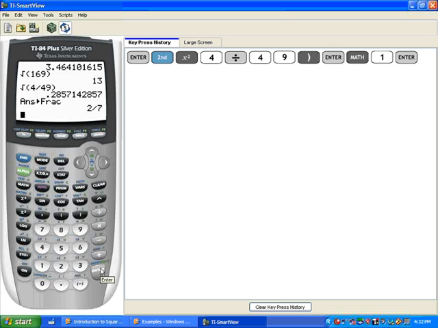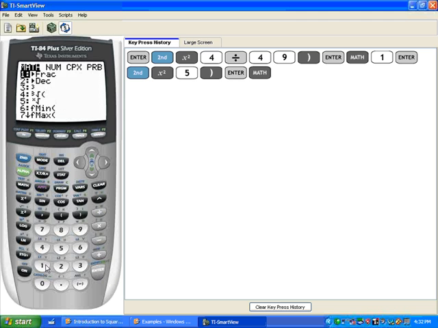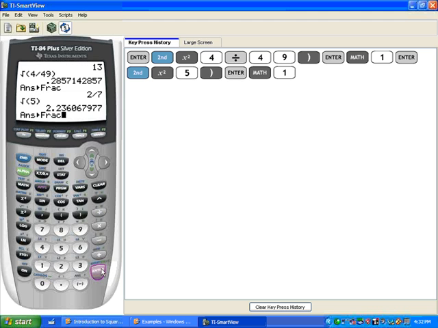So the square root of perfect squares gives you a rational answer. The square root of something that isn't a perfect square is going to give you an irrational answer. And even if you try to ask the calculator to turn that into a fraction, of course it won't be able to, because that's what it means to be irrational. It can't be turned into a fraction.